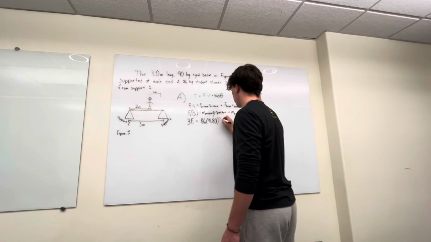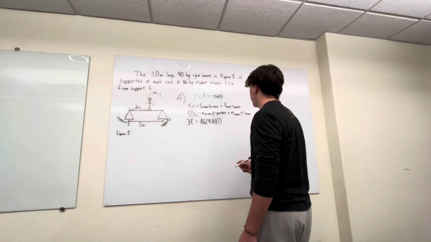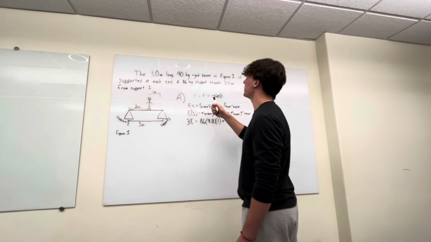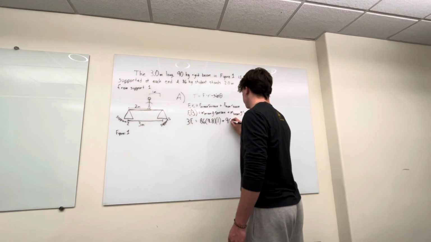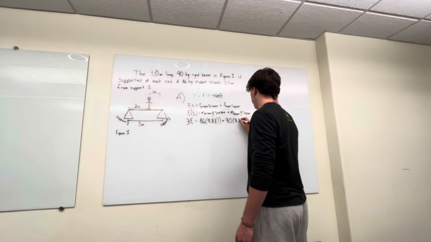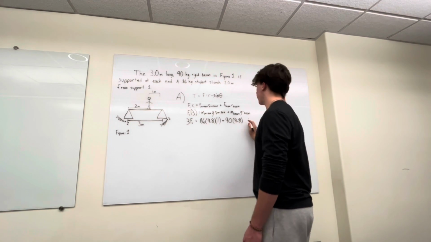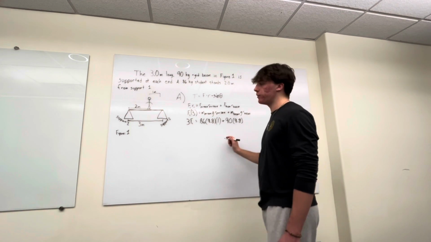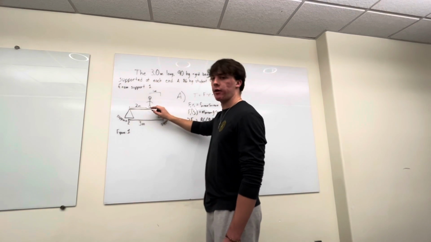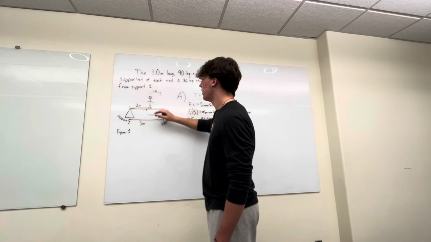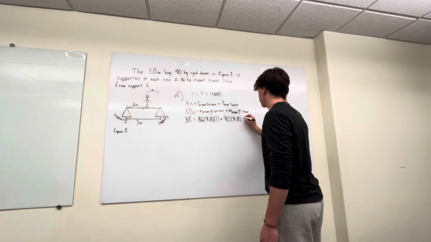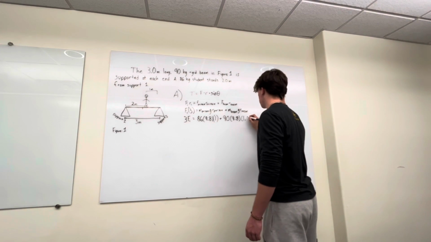So 1. And then next, the mass of the beam, which says here is 90 kilograms, times gravity, which is 9.8, times the radius of the beam. We assume that the beam has a uniform density all the way across, which means that the center of mass would be in the middle. Half of 3 is 1.5. So that is our radius.